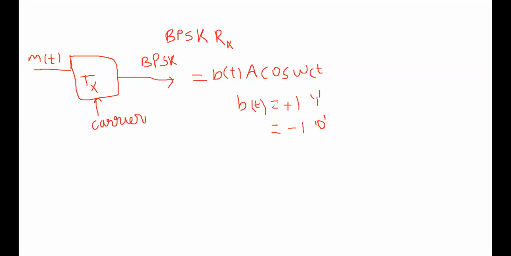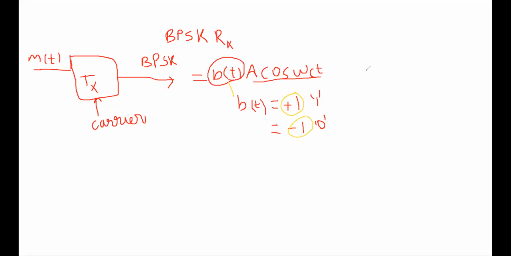So putting B of t positive and negative makes this whole signal positive and negative. It just defines the polarity of the signal, and the polarity depends on whether the input bit is logic 1 or logic 0.